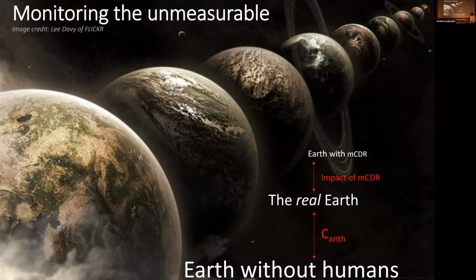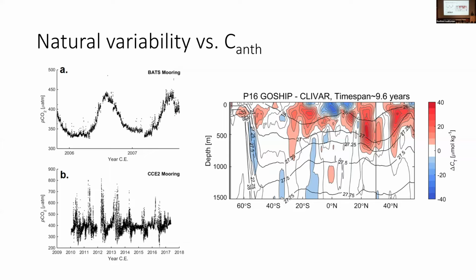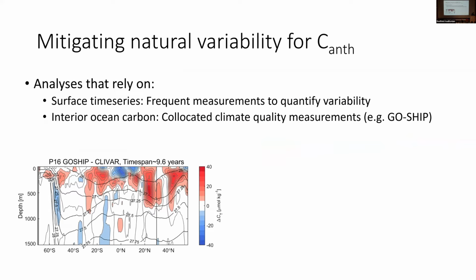We can't put sensors on these other planets, so we are stuck with trying to make inferences about how different these worlds are. We can do this maybe with time series, but anyone who's worked with time series knows that there's a whole lot of natural variability, and the anthropogenic signals that we're looking for are often very small relative to that natural variability.